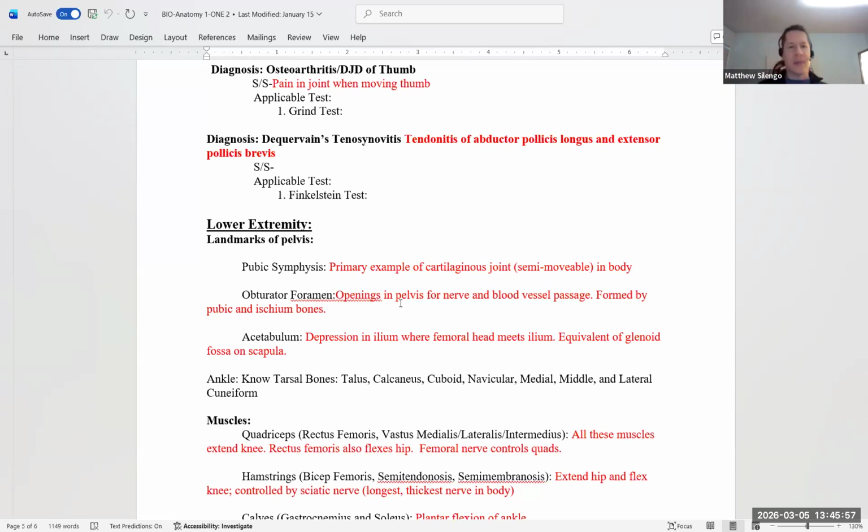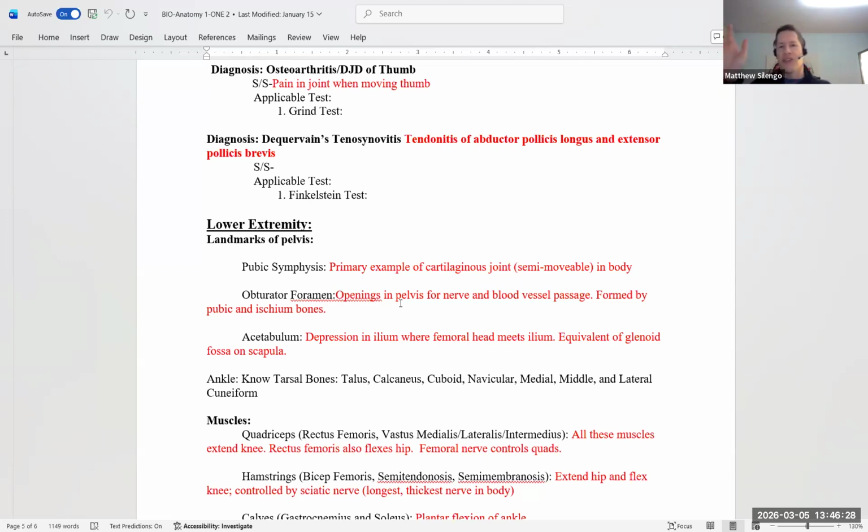But just know, in principle, you could do this same type of mechanism on any joint and test for arthritis of other joints. But the one that comes up for comps is basically a person has pain when they're moving their thumb, and that could be from overuse, like a lot of video games, texting, doing something like this over and over again. They might develop osteoarthritis in these joints in here that move the bones of the thumb.